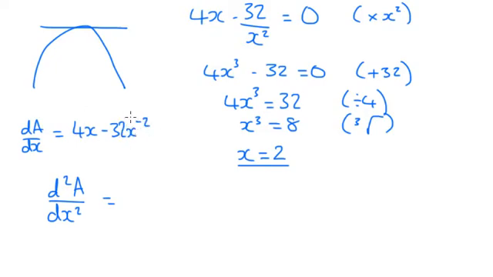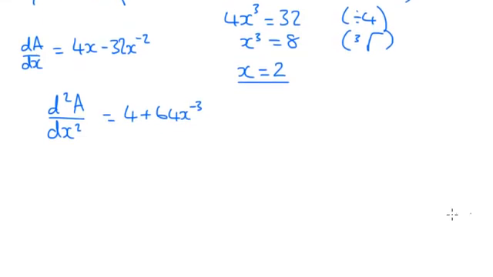So if I differentiate this function now, I'm going to get 4, and I'm going to get plus 64 to the x to the minus 3. Take 1 off again, which is the same as 4 plus 64 over x cubed.